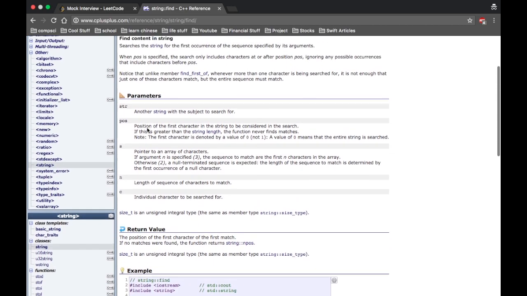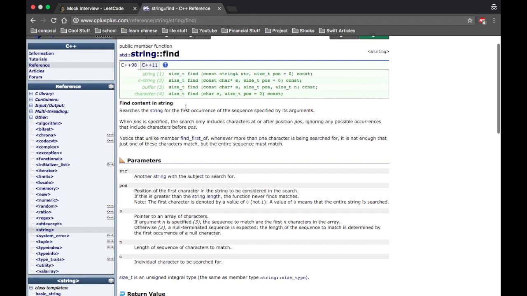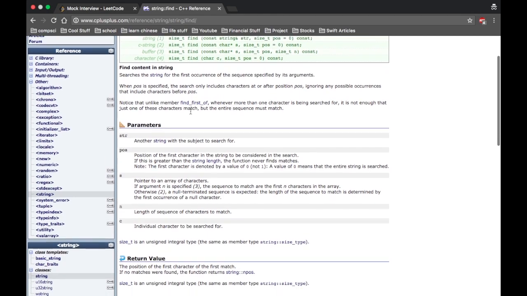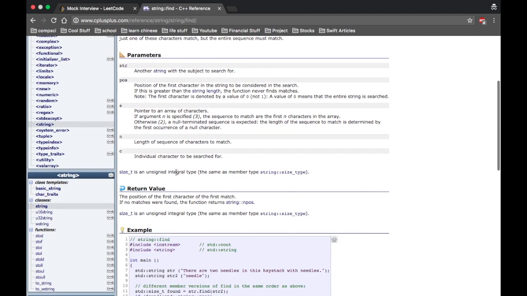Let's see. Wait, it searches the string for the first occurrence specified by the arguments. What happens if there are no matches? It returns.